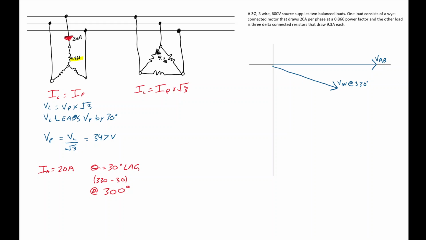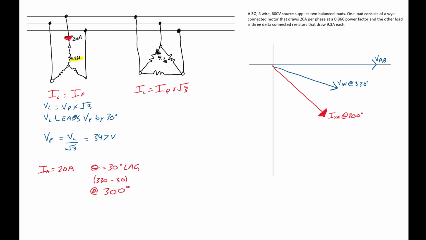So my phase voltage is here. I'm going to lag down by another 30, and that puts my 20 amps down here. So this is I YA at 300 degrees. That's the big trick there, remembering that the lag, the 0.866 power factor, comes off of my phase voltage.